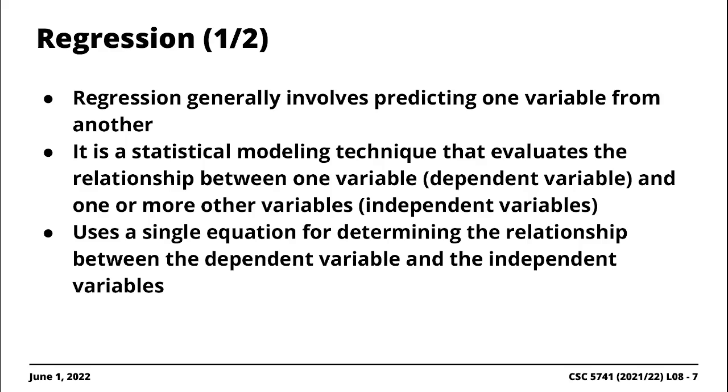In essence, it involves statistical modeling where we evaluate the relationship between one variable and one or more other variables. So this relationship really is aimed at trying to identify the association that would exist between the thing that you're interested in measuring, which is the outcome.